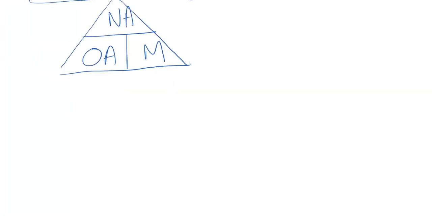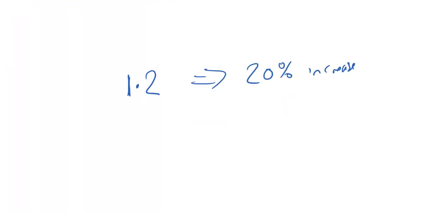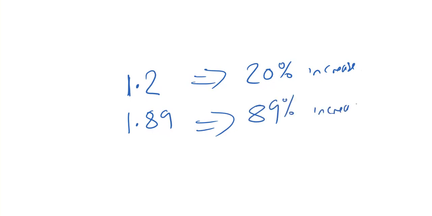Finally, before we go into the questions, we need one extra piece of information. Just make sure and refresh in your mind what a multiplier is and what it means. If we find that a multiplier is 1.2, this is equivalent to a 20% increase. If we found the multiplier was 1.89, that would be an 89% increase.